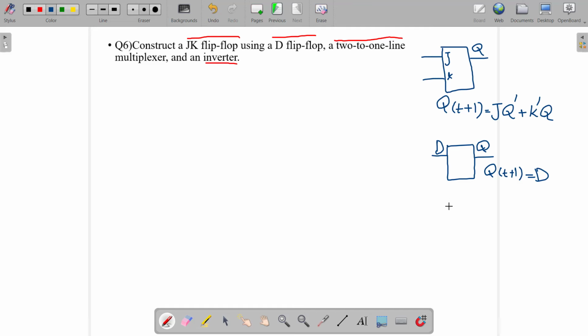And also we want to design this one using the 2x1 multiplexer. This is the I0, this is the I1, and we have one selection line and one output. And we have learned that the output, which is equal to F, is equal to 0 I0, 1 I1, and we said that F is equal to S' I0 plus S I1.